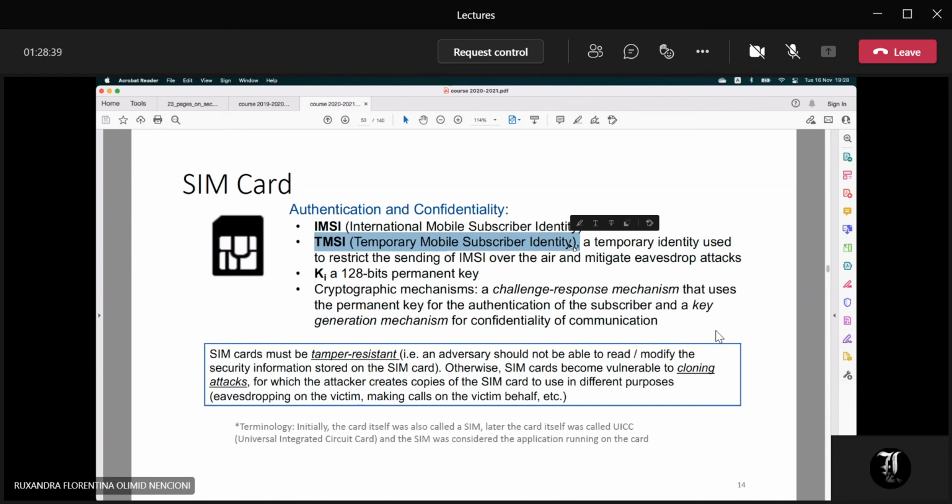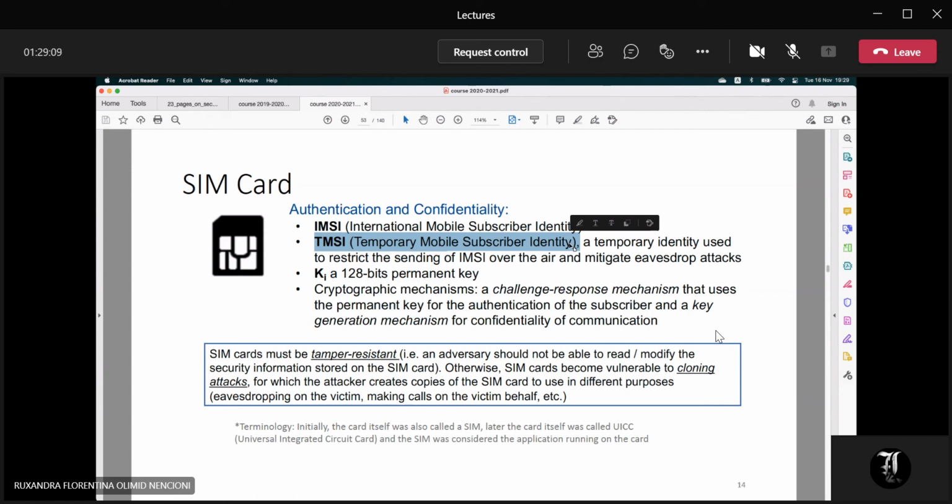But it can also be that the real network just loses my ID, like this happens. And then I need to somehow get back to the permanent one. And that's a vulnerability that we will find quite often in mobile networks, and in general, in identification and authentication. But you're right in the sense that it's something that I want to use so that I hide my identity.